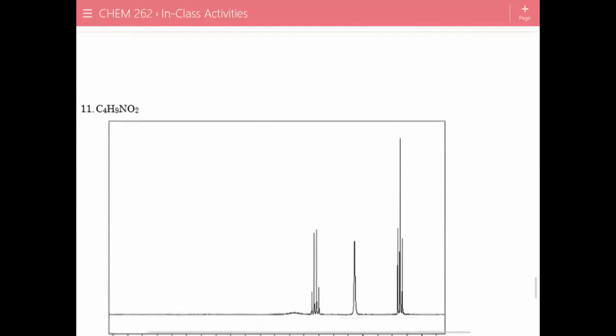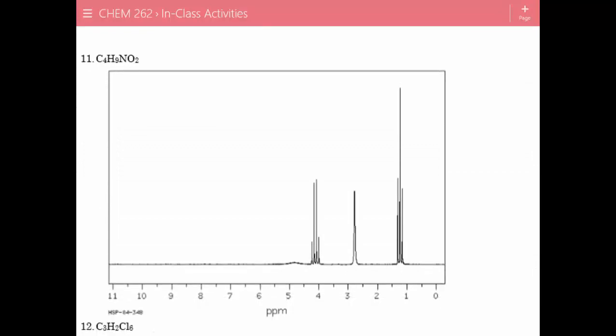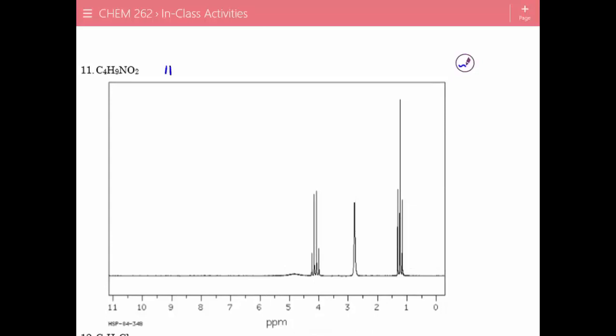All right, number 11 was pretty tricky, I thought. The last two I thought were more challenging than the others. This one has an HDI of 1, meaning there's some sort of double bond in it. Again, you can see the signal around 4, which anytime I see a quartet around 4, I tend to think of an ester.